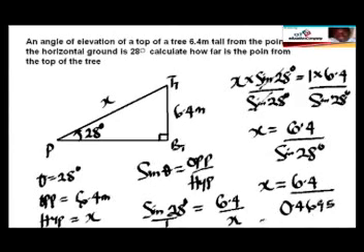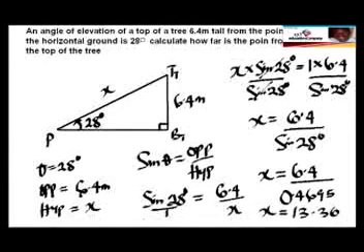At the end of the day, when we divide, X will be equal to 13.36. So that's your final answer. This is the value for X. Here you have 13.36 meters. So you can just pick up these examples. They are not difficult. Try and solve as much as you can in your textbook.